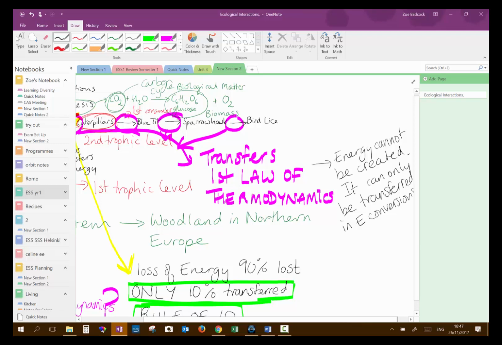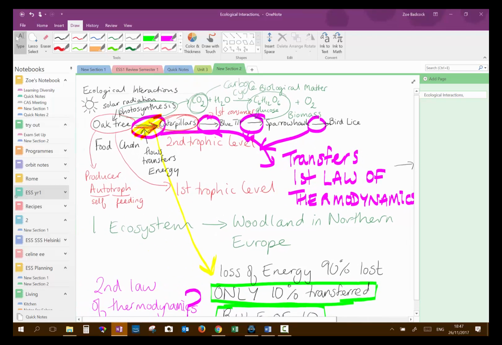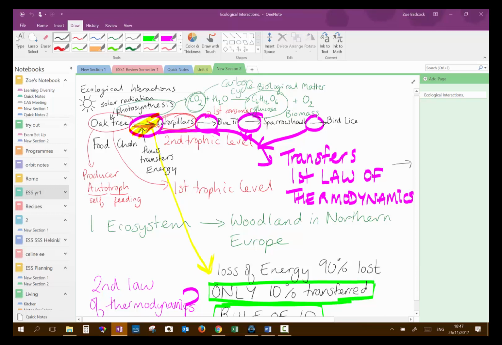So these points in our food chain, here and here and here, are all representing this first law of thermodynamics.